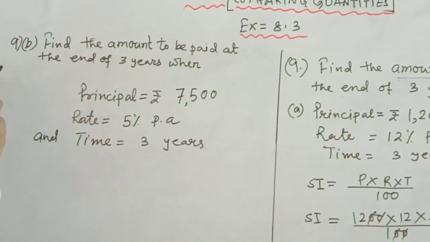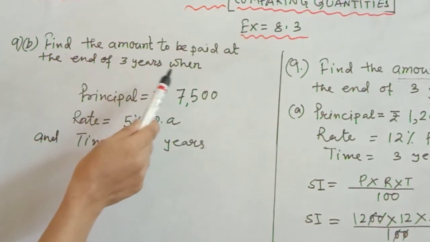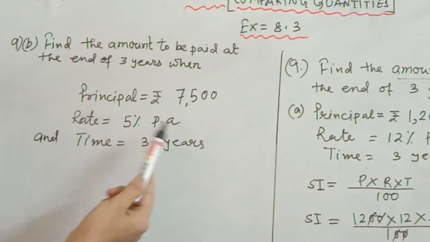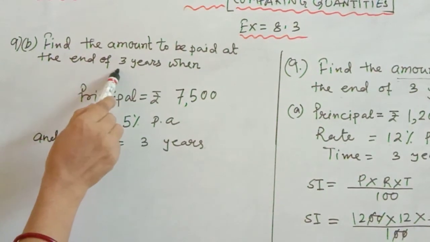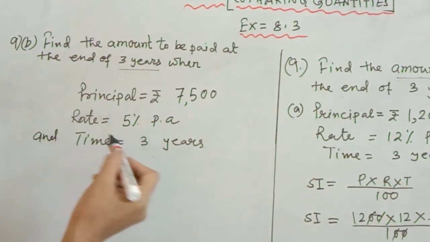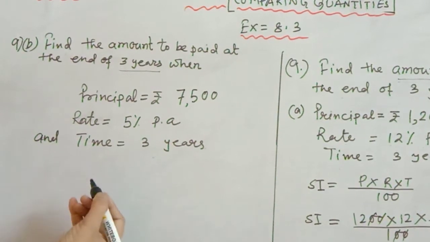Next question, question number B. Same question: find the amount to be paid at the end of 3 years when principal is rupees 7,500, rate 5% per annum. The time is 3 years. You have to find the amount to be paid. Before finding the amount, we have to find the simple interest.